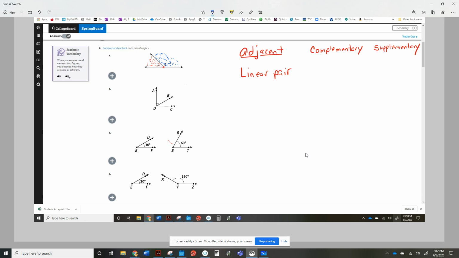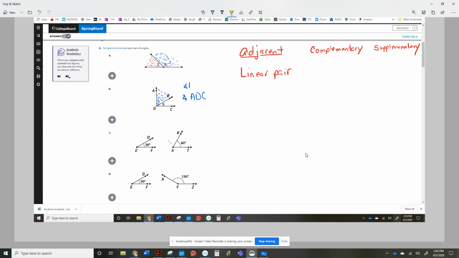Let's see, I'm talking about angle 1, and I want to talk about angle ADC. Okay, angle 1, I'll make some dots on the interior of angle 1. I'll make those blue. Now, angle ADC, and by the way, they share a common side.